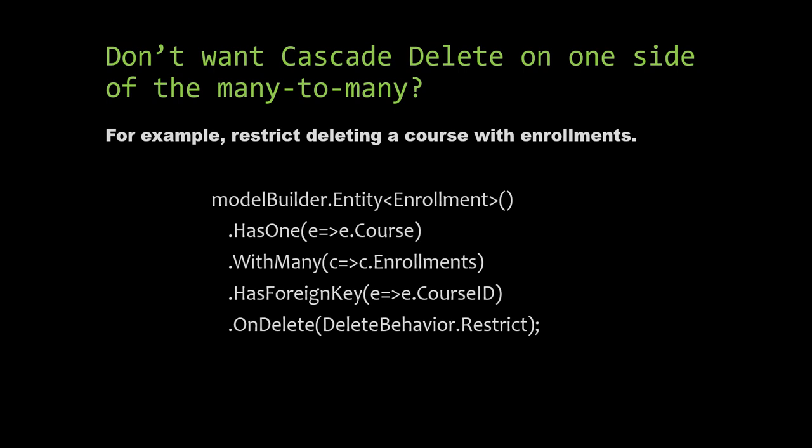So you would want to delete the enrollment records if you actually took a student out. On the other hand, from a course to enrollment, you would probably want to be prevented. You shouldn't be able to delete a course if there are students enrolled. So the rules can be different on each side of a many-to-many relationship like this.